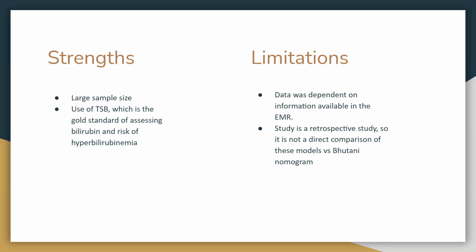So there's this idea that the current way of assessing hyperbilirubinemia is complex and time consuming, and that the Delta TSP model is going to cut down on time.